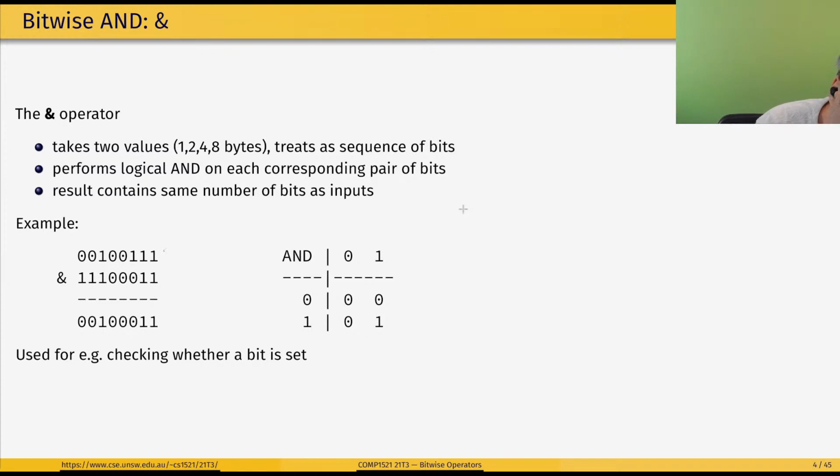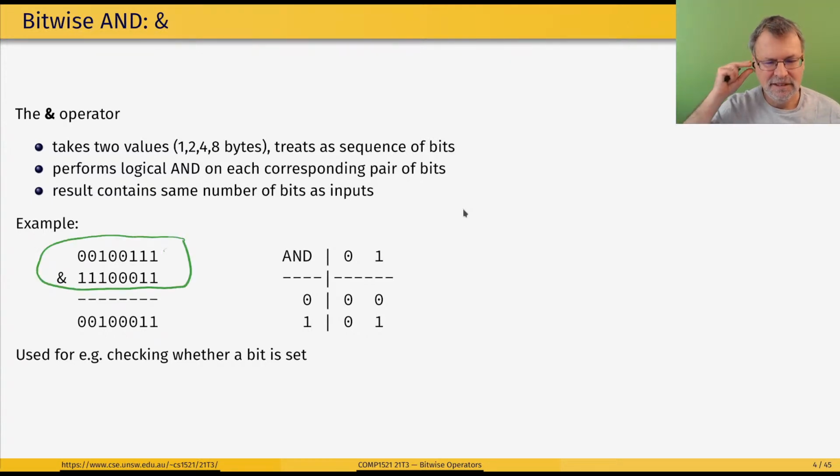If you give an AND operator some values, it applies it to the individual bits. So an AND operator will go to these two bits and say, oh, 1 and 1, that's 1. 1 and 1, that's 1. 1 and 0, that's 0. So it does pairwise the individual bits of the values.